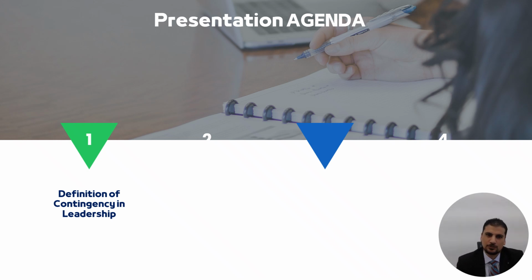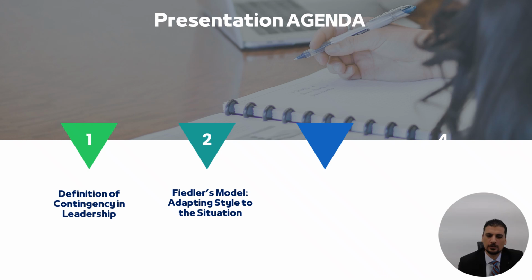Before we begin, let me briefly walk you through today's agenda. First, we will start with a clear definition of contingency leadership and what it really means in practice. Then we will go to the second point, Fiedler's model and how leaders adapt or match to different situations.